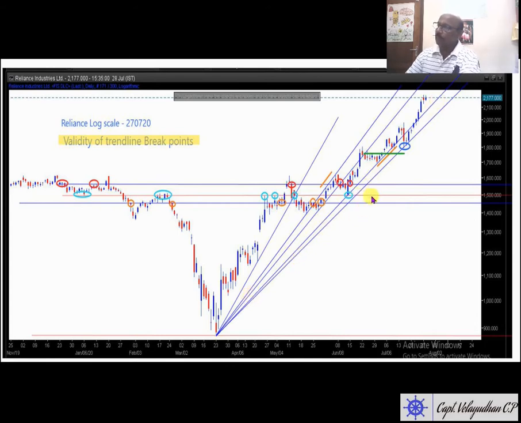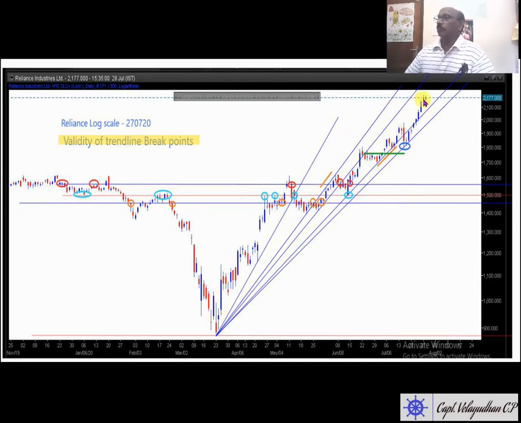All these angles are strong angles, so the strength is good. So this is what we are talking about, how many days the market stayed on the trend line. Here it is almost 4 months, so the trend is strong.